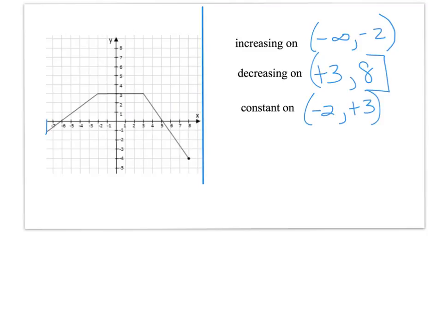So where my line here doesn't have a point, I'm going to put an arrow there. This here actually is a hard stop. It's a hard point, and because it's a hard point, then I have it decreasing on +8, and that +8 is a hard point, so I'm going to make sure that I put a square bracket for that.